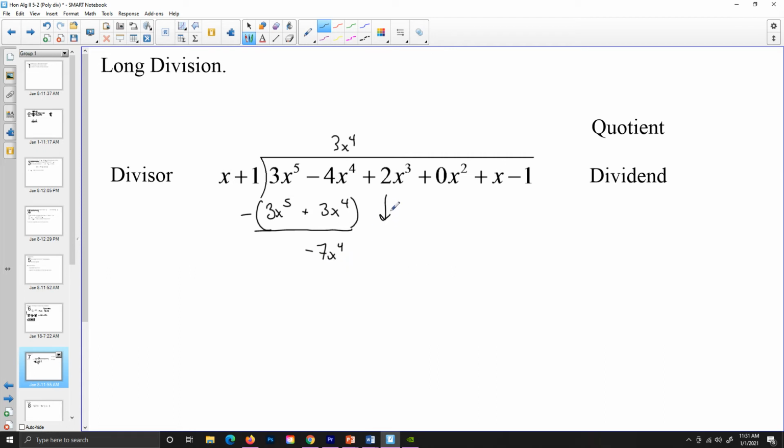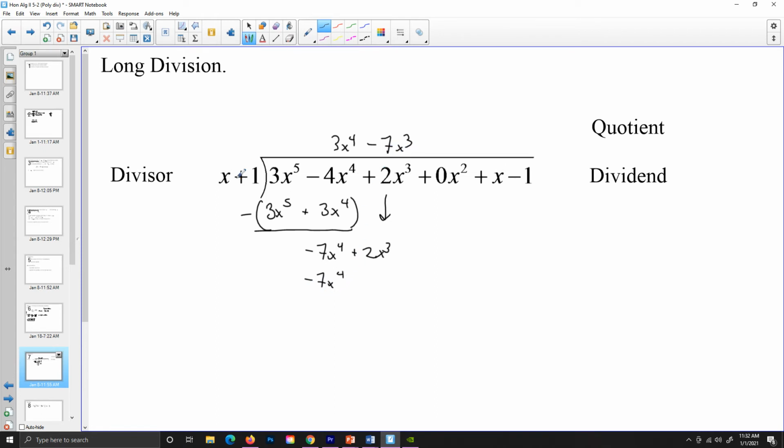I bring down my 2x to the third. And this time I ask, what times x is negative 7x to the fourth? Well, negative 7x to the third times x is negative 7x to the fourth. So I distribute: negative 7x to the third times x is negative 7x to the fourth.